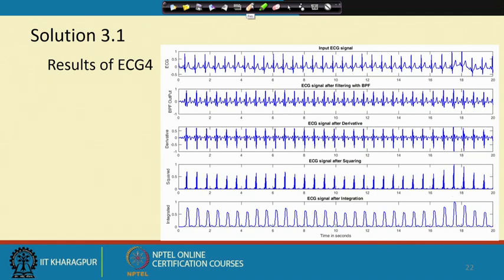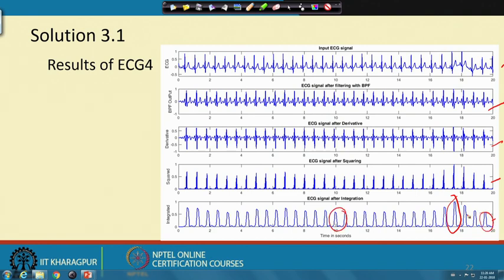Next we go for the ECG 4. We show the same set of outputs, first starting with the signal, then the band pass filter output, then the output of the derivative filter, then the output of the squaring operation, then after the integration. Here we see that the pulse here is a little higher, here they are much lower.